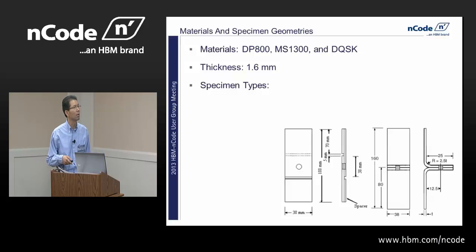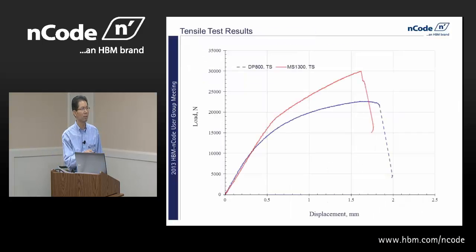This is a typical load displacement curve for the tensile shear specimens. The coach peel is about the same, but the load is very low. The initial part is very much linear, but what we do is fatigue testing at this load level, collecting data at this load level, and in that way we create the SN curve.